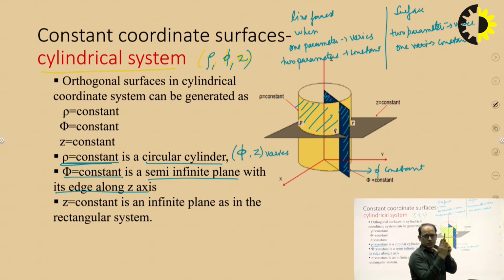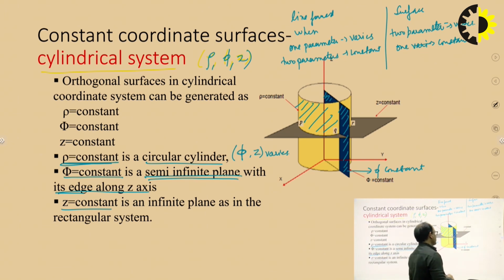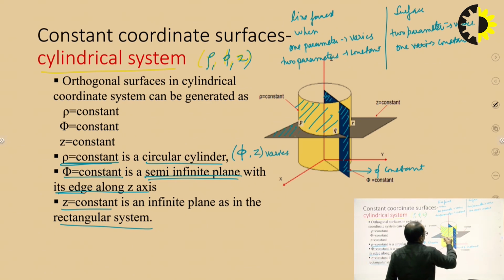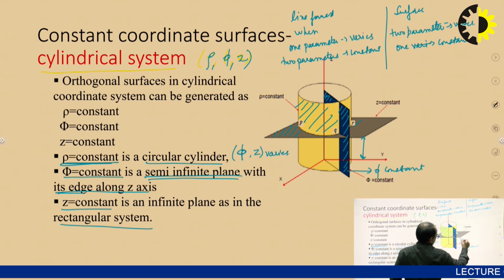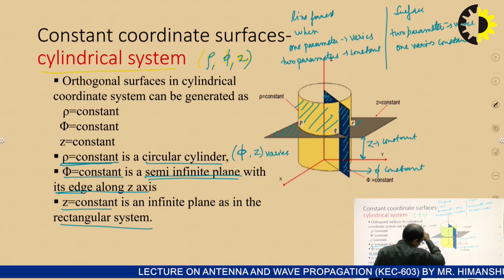If z is constant and the rest two are variables, then an infinite rectangular surface will form, at constant height z, with phi and rho varying.